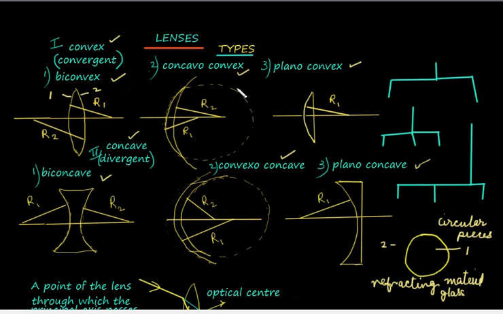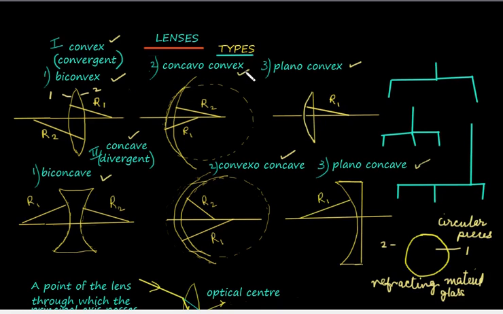Okay. Now, for a biconvex lens, both the sides are bulged out. For plano-convex, one surface is plane and the other surface is spherical. For concavo-convex, the two surfaces are part of two spheres, one bigger sphere and one smaller sphere.